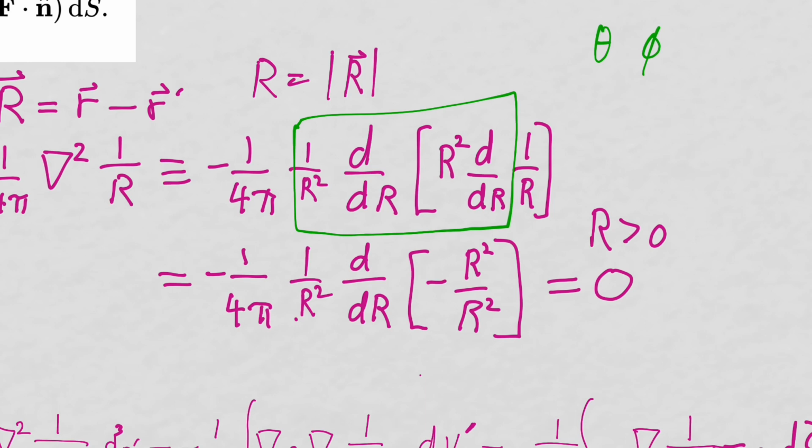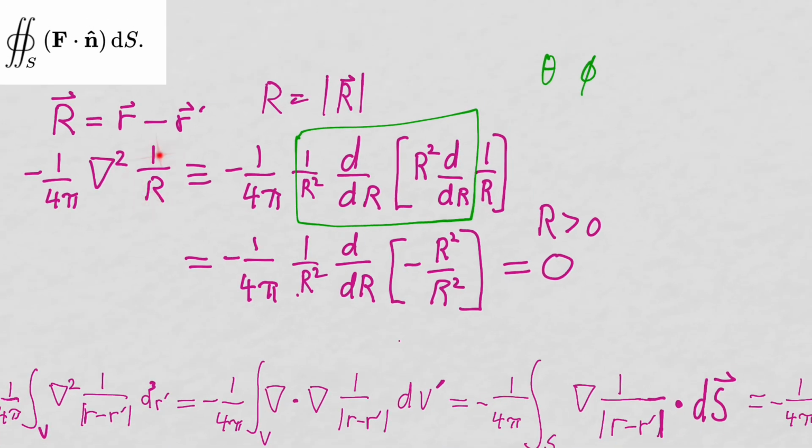But you don't need the pieces that involve theta and phi, because 1 over r, the function that you're taking the Laplacian of, is not dependent on theta and phi. So all those parts go away. Only this radial piece of the spherical Laplacian remains, because those derivatives with respect to theta and phi are going to be 0.